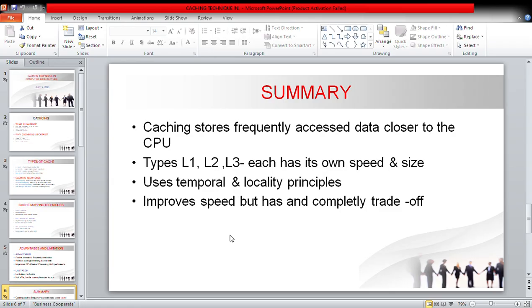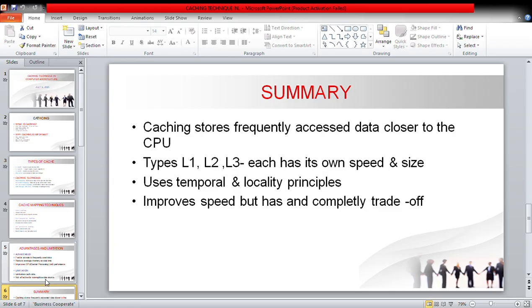It gives a better user experience, with faster loading times and responsiveness. The types L1, L2, L3 each have their own speed and size, and use temporal and spatial locality principles. It improves speed but has a complexity trade-off.